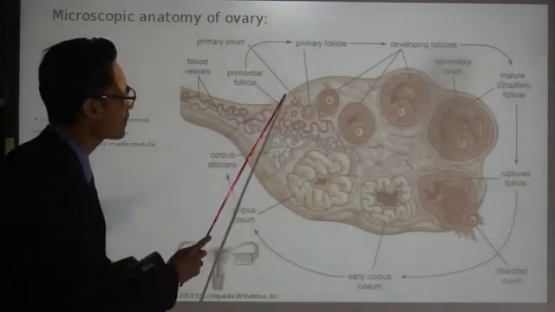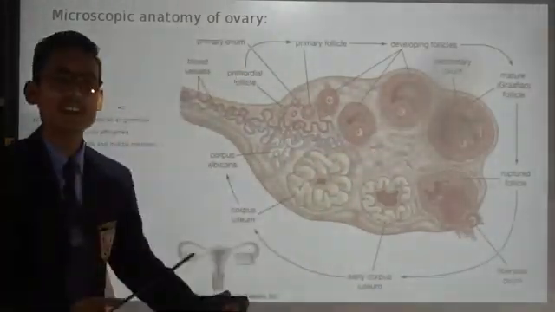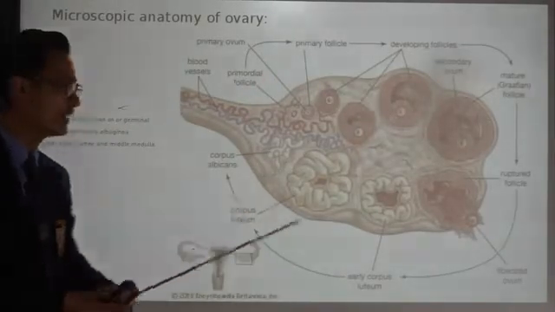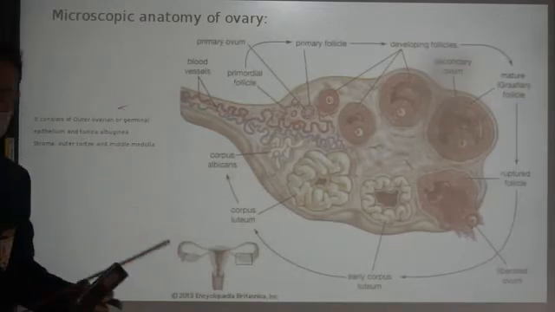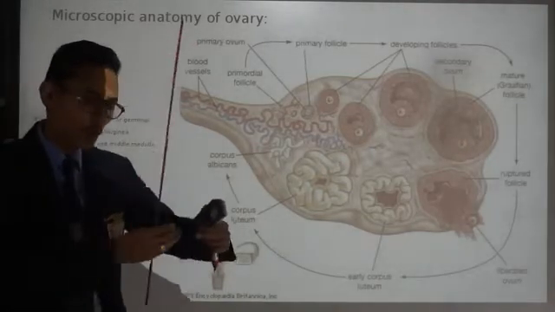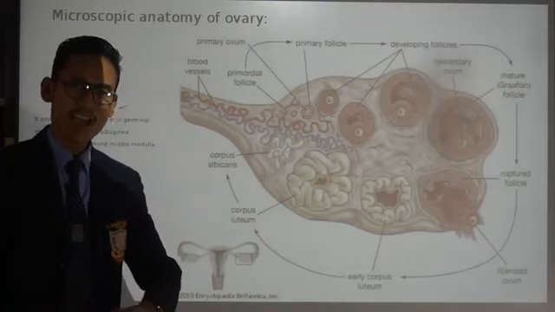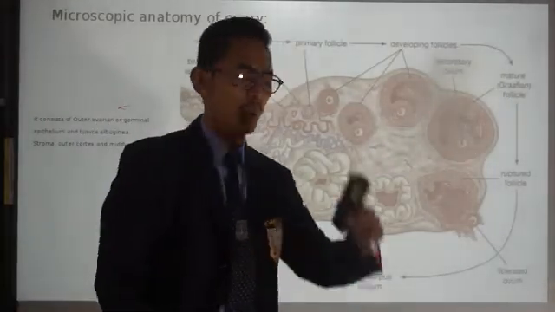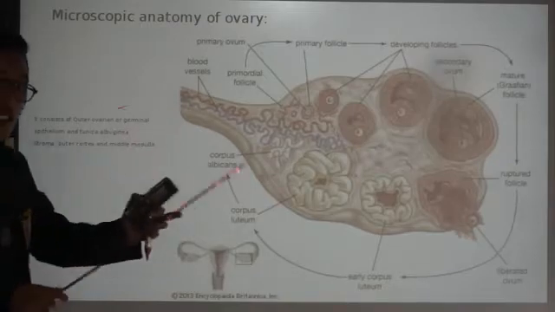Next to it there will be the second layer, which is called the tunica albuginea. Clear? After these, we'll find the third part of the ovary, which is called the stroma.